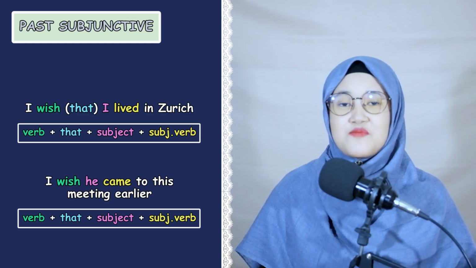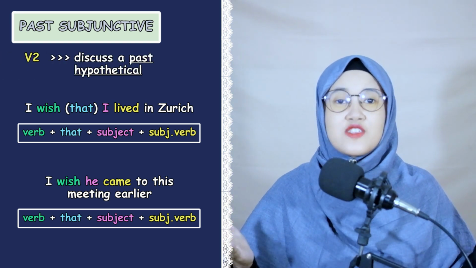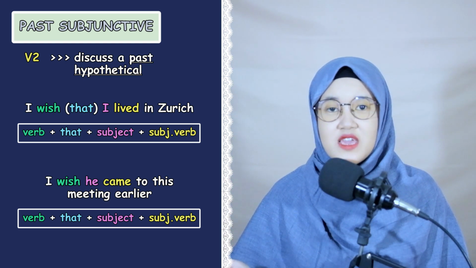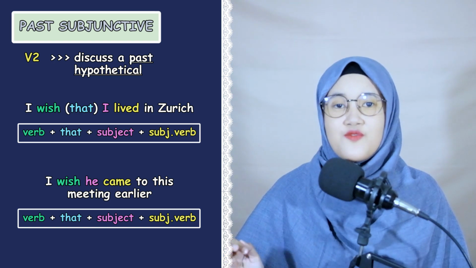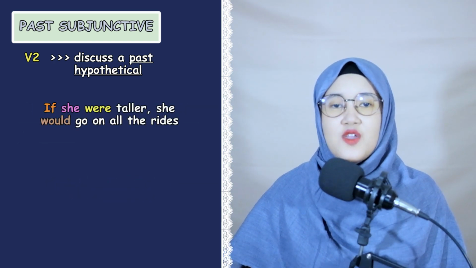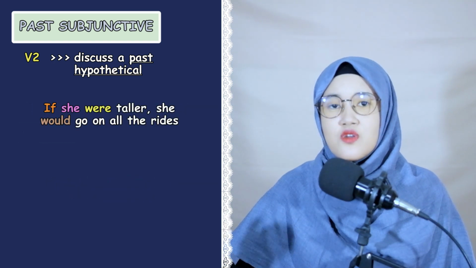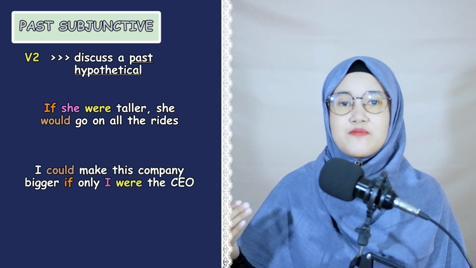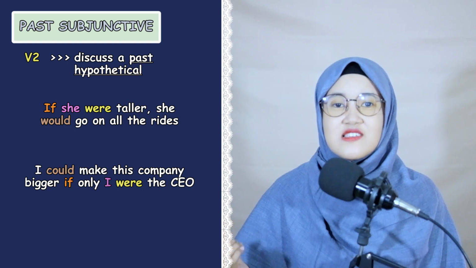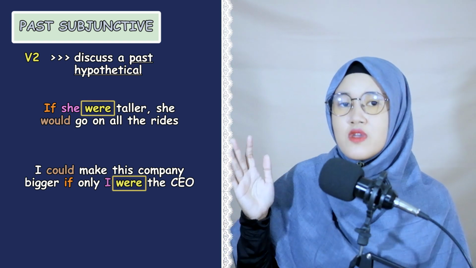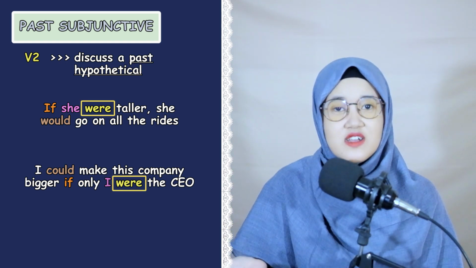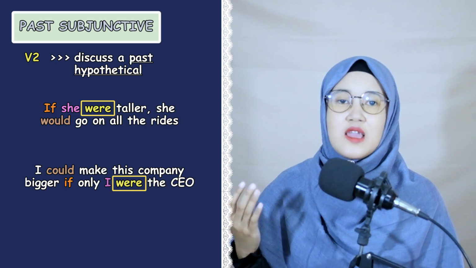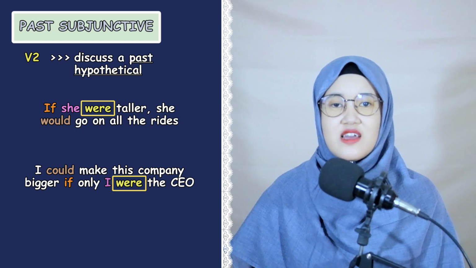To use the past subjunctive, we can use the past form of the verb. For all verbs except be, use the simple past form of the verb. If she were taller, she would go on all the rides. I could make this company bigger if only I were the CEO. Here we use were instead of was, because this indicates that the statement is hypothetical or contrary to reality.